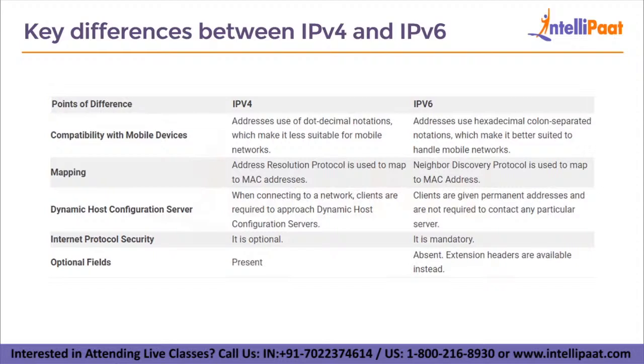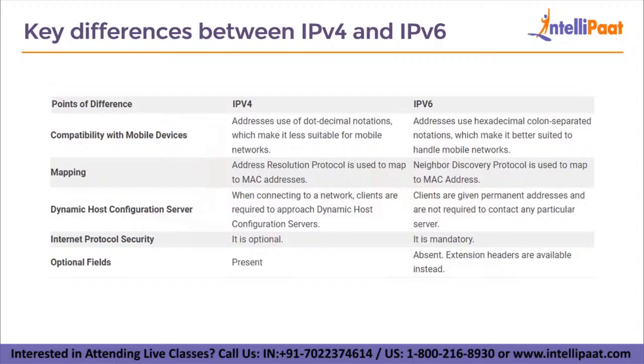Coming to IPv6, the addresses use hexadecimal or colon separated notation, which makes it better suited to handle mobile networks. And coming to the mapping metric, address resolution protocol in IPv4 is used to map to the MAC address of the devices. And when it comes to IPv6, neighbor discovery protocol is used to map to MAC addresses. So basically IPv6 is faster in mapping the MAC addresses of the devices.